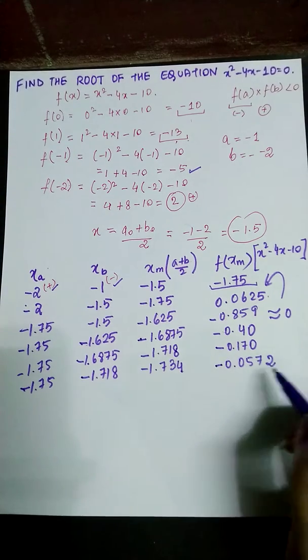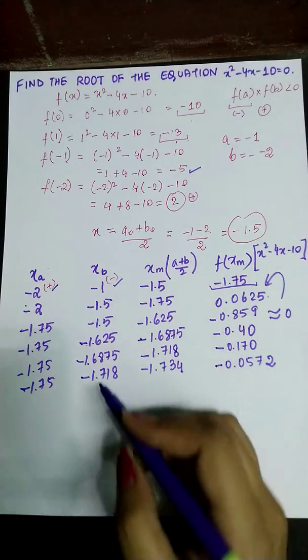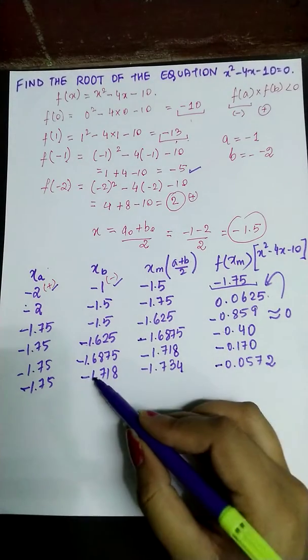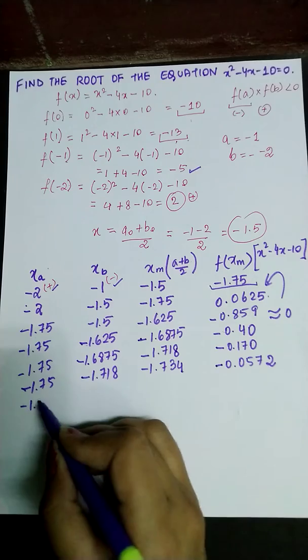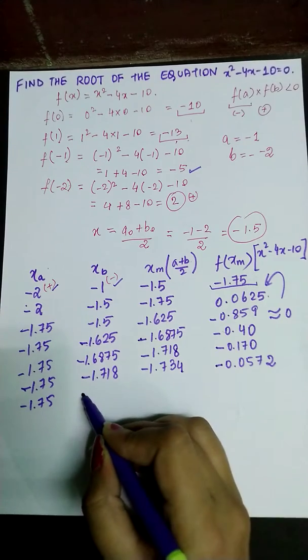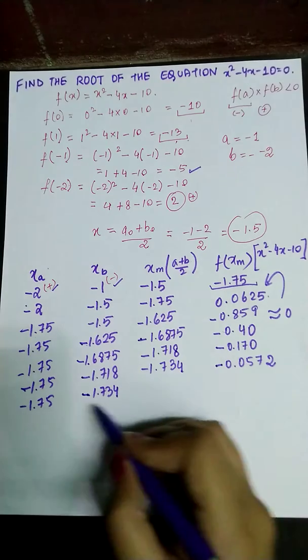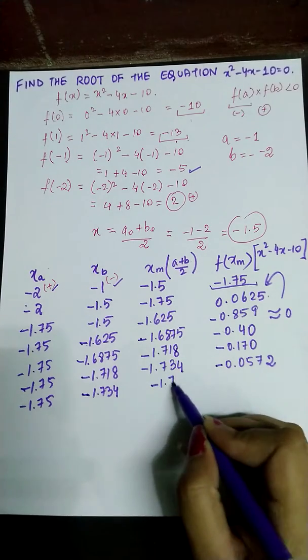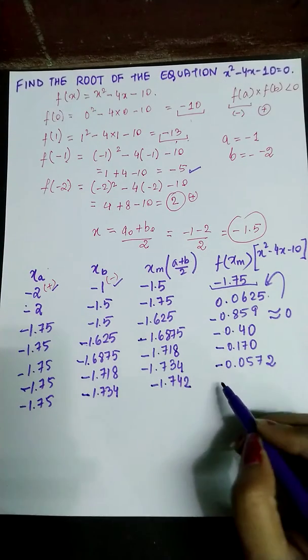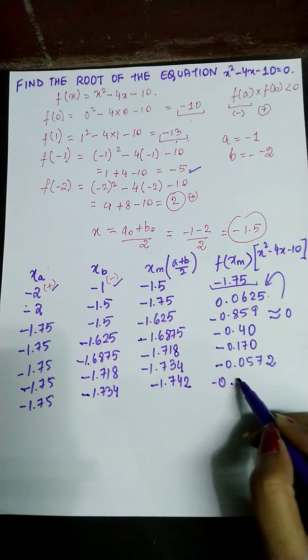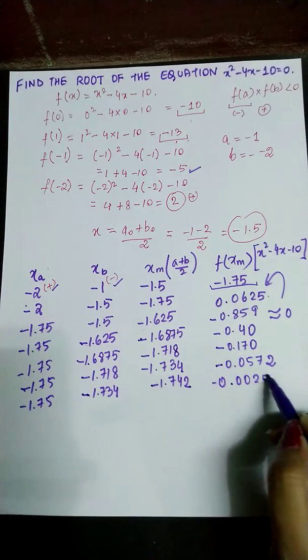Close, but not that close. Again a negative value, we remove this. This is minus 1.75, and we get minus 1.734 here. The middle value is minus 1.742, and the value here is minus 0.00256.